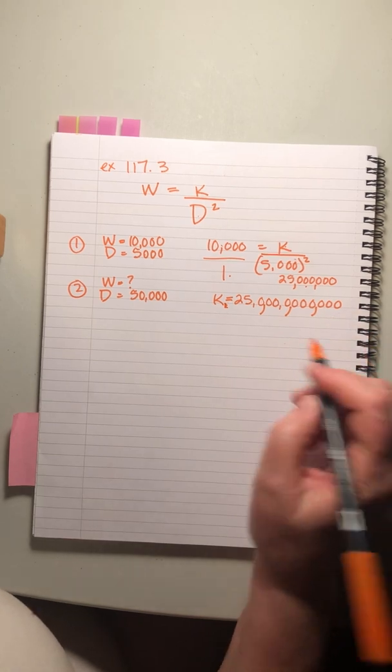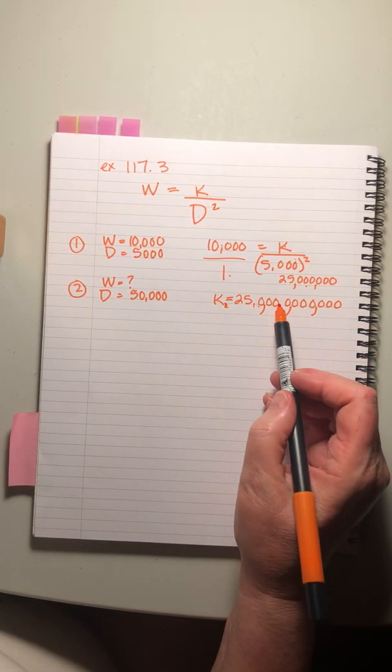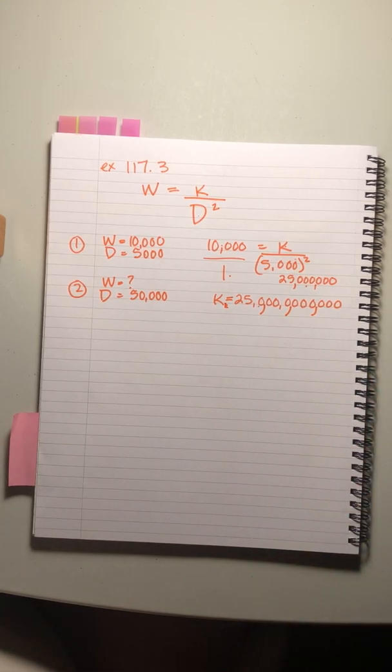Okay, it's 250 billion, million, thousand, hundred. Okay, that's a really, really big number.